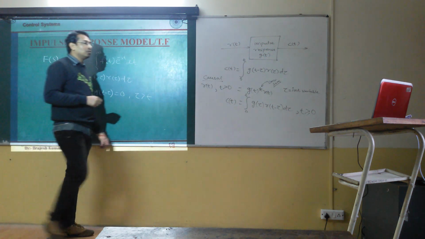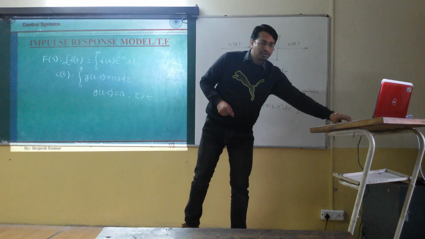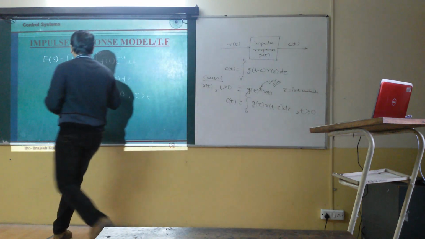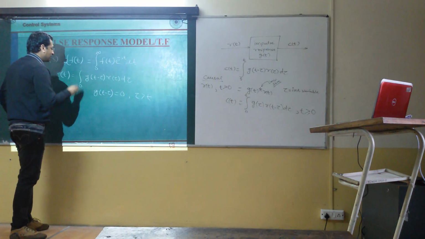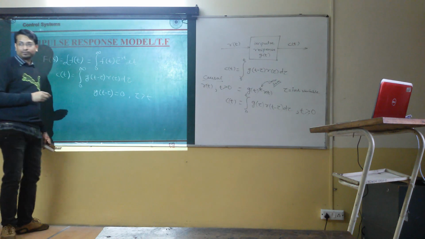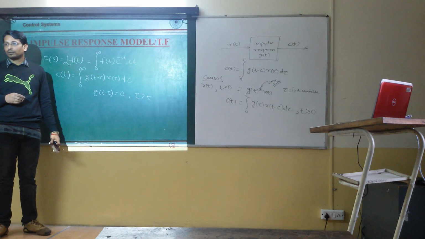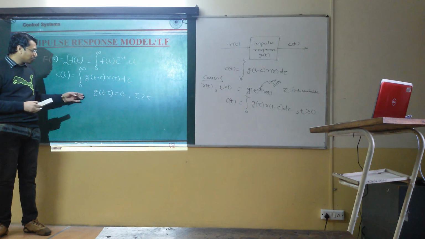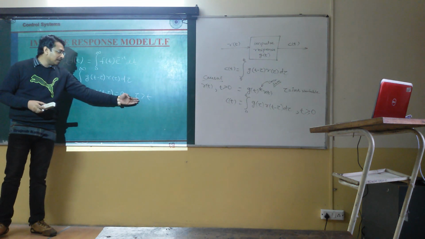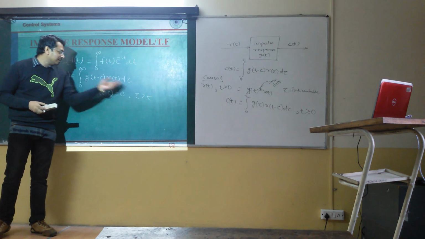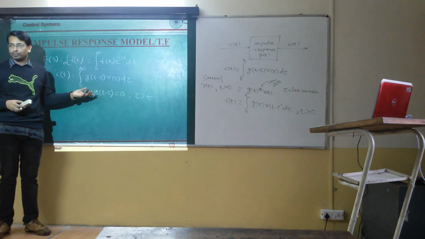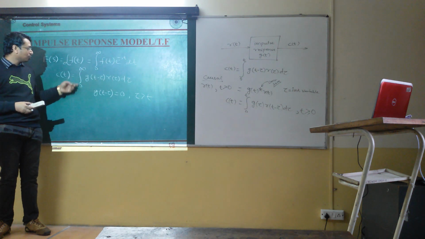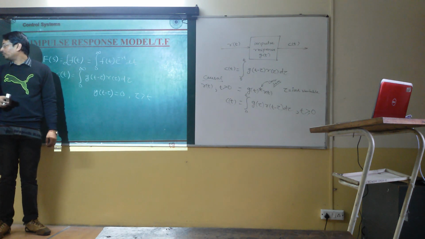So what I am going to change is that instead of t, I am going to say it is from 0 to infinity. Is it correct or not? Why? Because whenever tau is greater than t, it is anyhow going to be 0. So instead of saying from 0 to t, I am going to say it is from 0 to infinity.